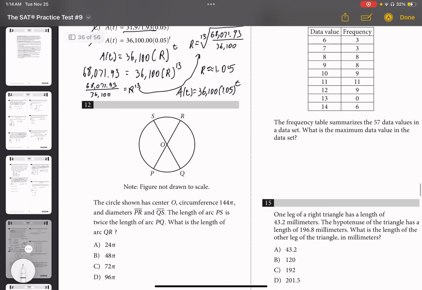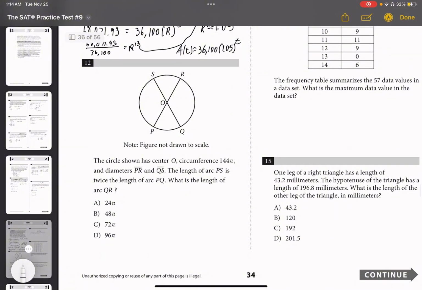Okay, question 12. The circle shown has a center O and a circumference 144 pi and diameters PR and QS. The length of arc PS is twice the length of arc PQ. What is the length of arc PR?